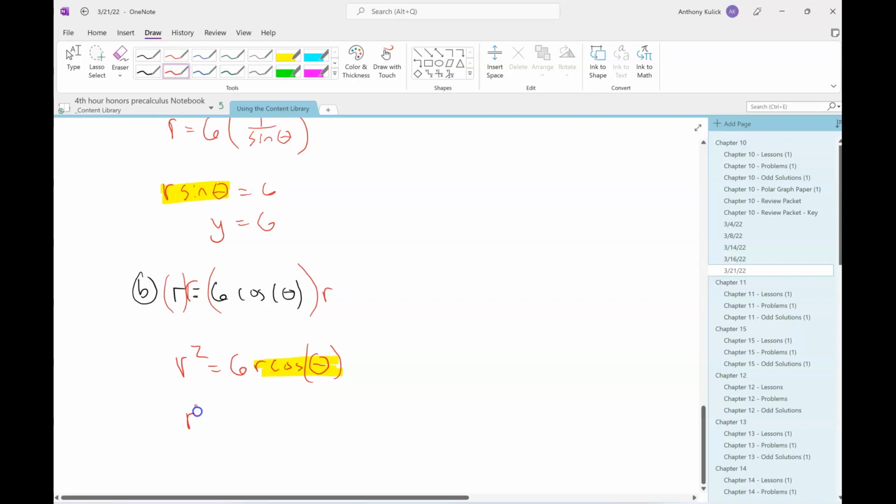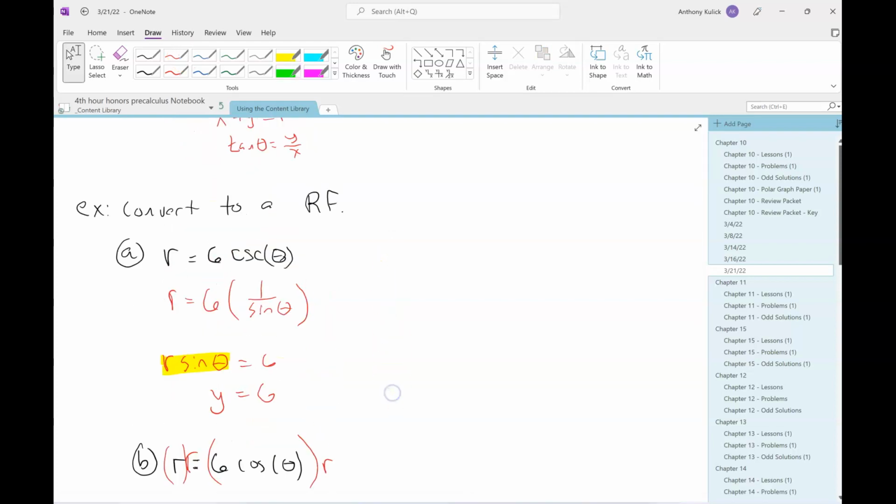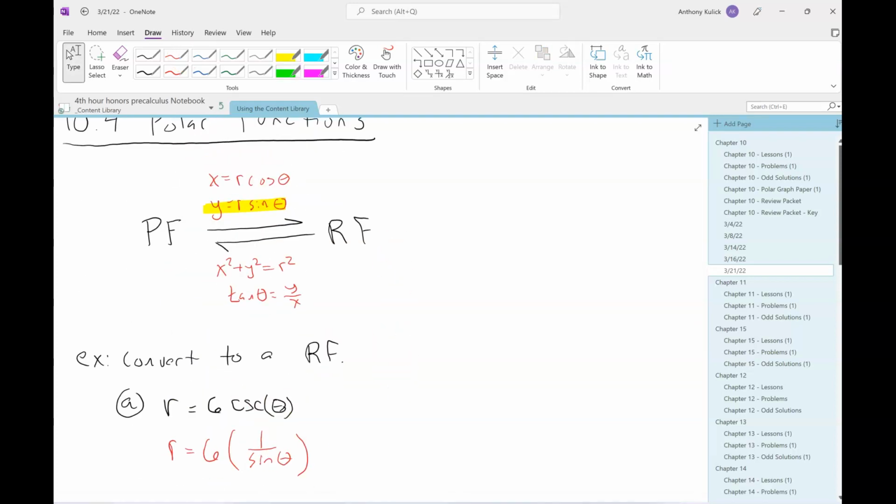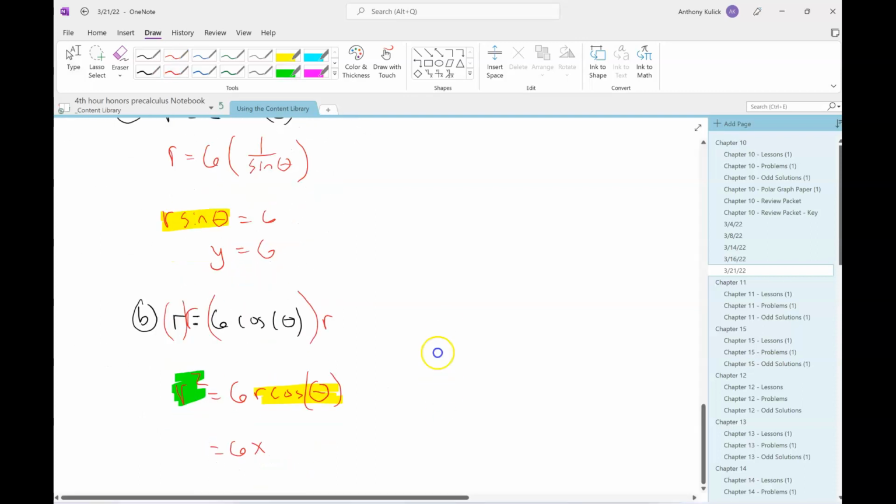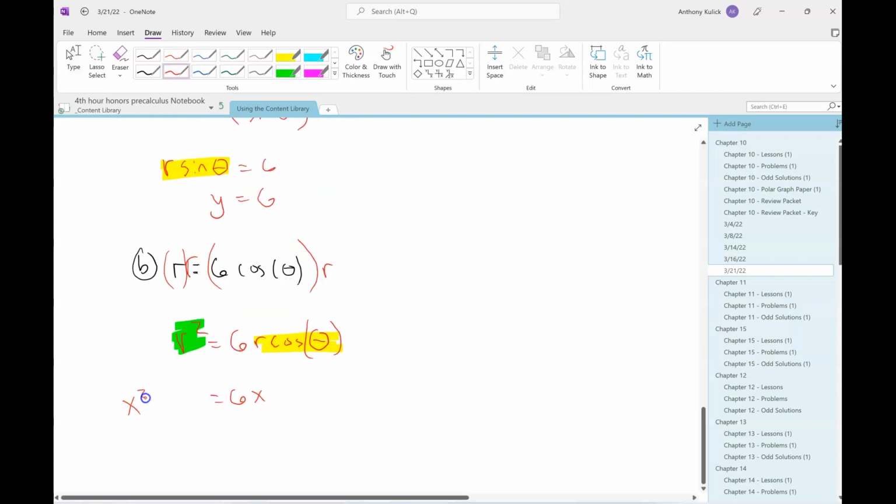Close, x, because it's cosine, not sine, right? And r squared on the other side. And wait a minute. What is r squared? Holy smokes. This is pretty good. That's looking a heck of a lot better, right?